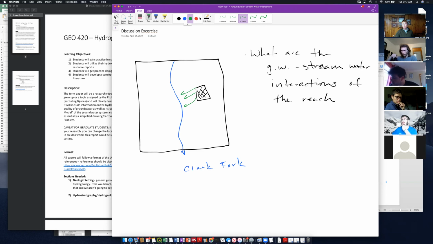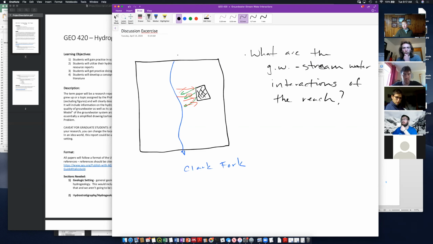If it's losing, stream water's going this way, and we might just be taking contamination away from the Clark Fork, and we don't need to worry about it. So your client comes to you and says, look, we need to know whether the stream reach is gaining or losing. How much groundwater is it gaining or losing?